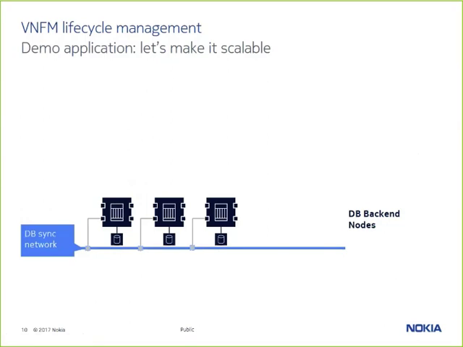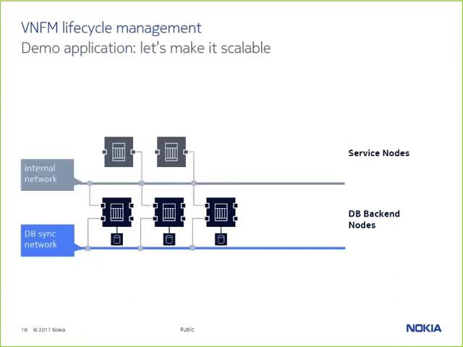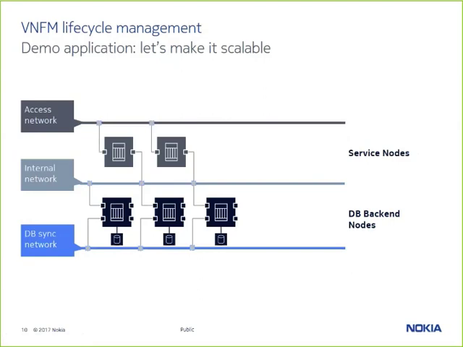Also, we need service nodes which communicate with the external nodes and DB backend nodes, and we need an internal network connecting the nodes together. What else do we need? It's an access network where our nice VNF can be reached from outside. As you have seen, we have chosen that the service nodes are in pairs, so in case one service node is lost, we still have another service node serving the request.